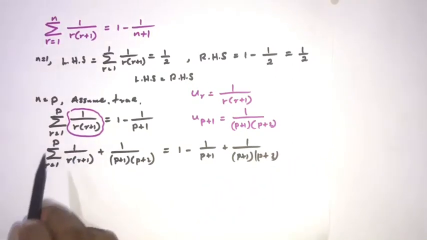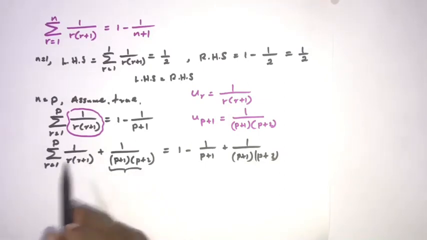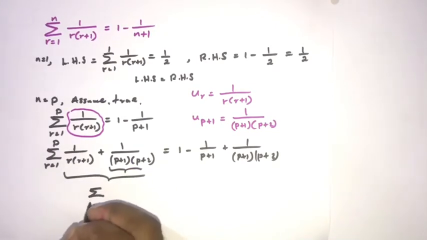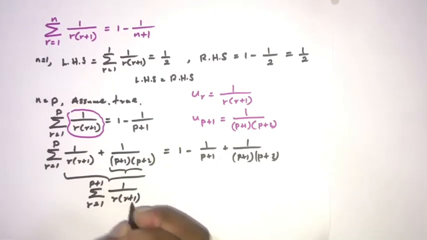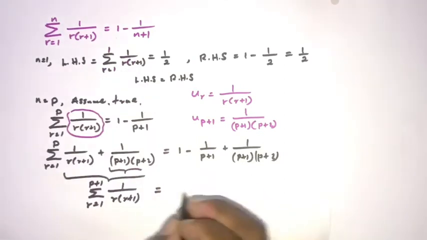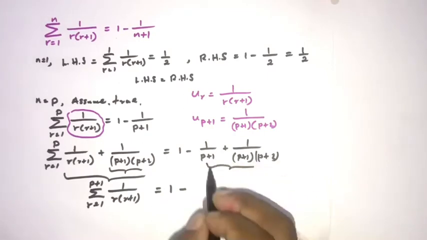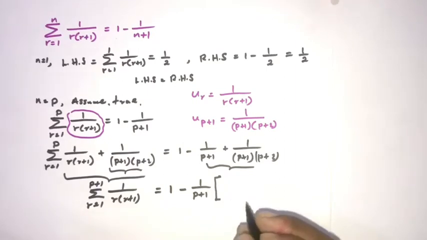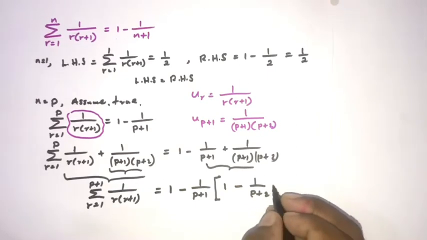Now the sum for r equal to 1 to p of 1 over r plus 1 plus this next term of the series is equal to the sum for r equal to 1 to p plus 1 of 1 over r plus 1. On the right hand side we have 1, and for these two parts we can take 1 over p plus 1 as a common factor, so 1 over p plus 1 times, and here we have 1 minus 1 over p plus 2.